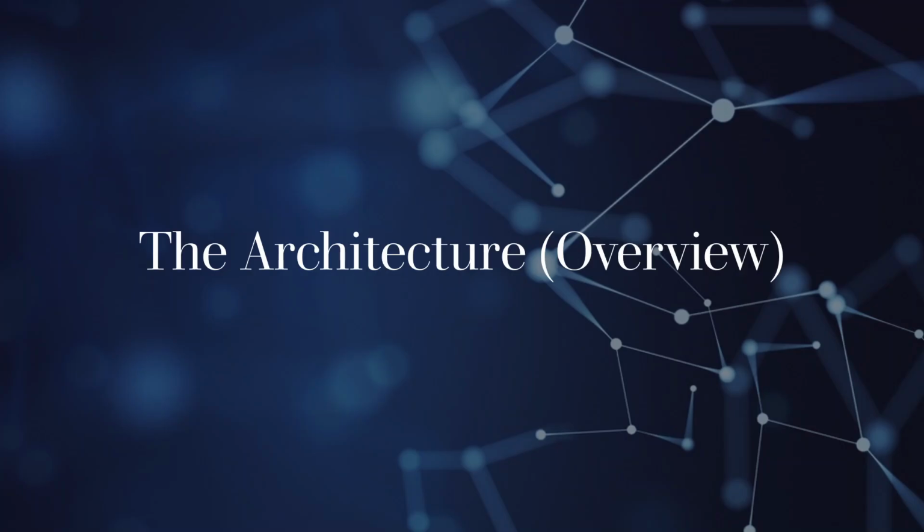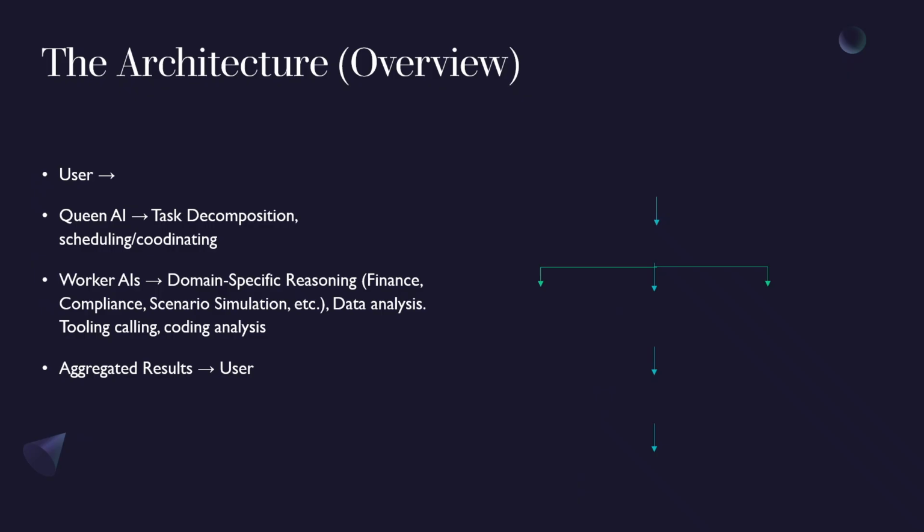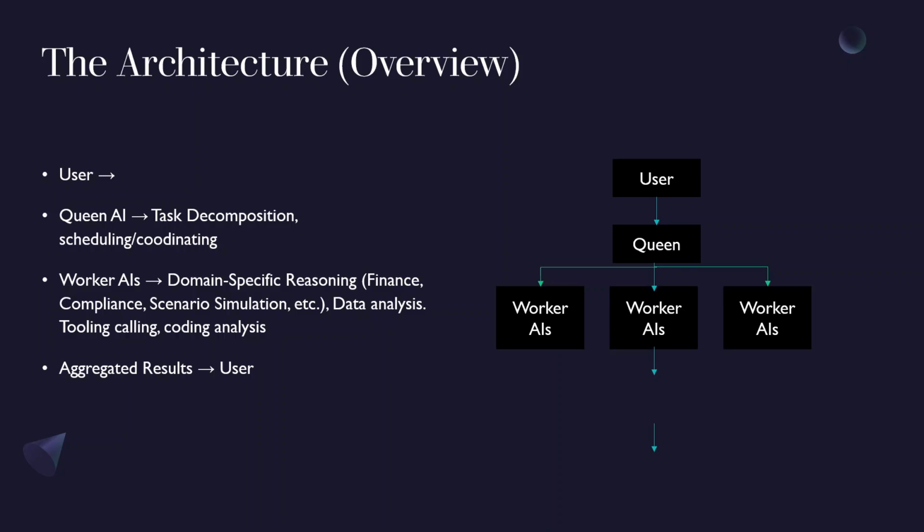So what is the overview of the architecture? First, the user will provide an input, and then the input will go to the Queen AI. It will split into parts and dispatch them to the worker AI.